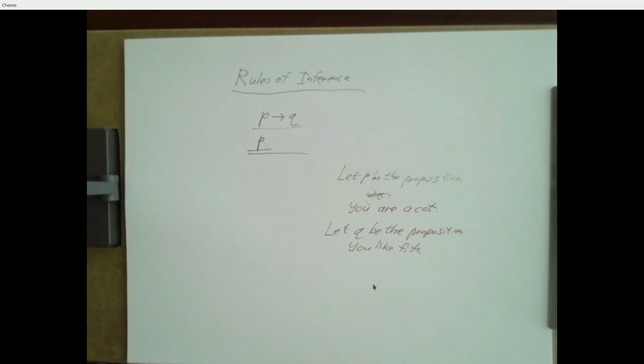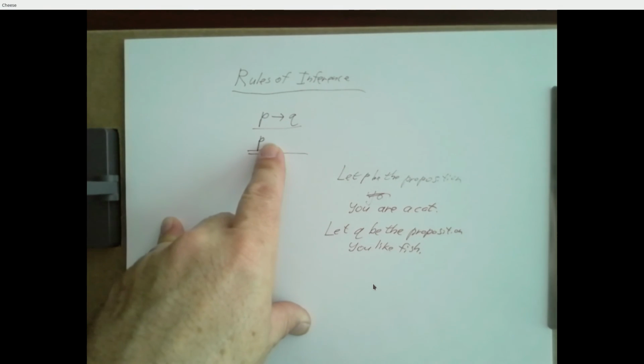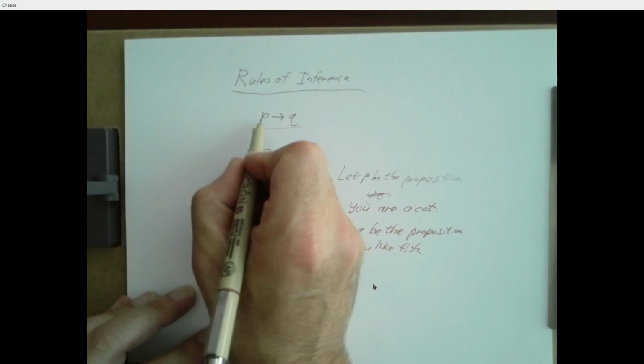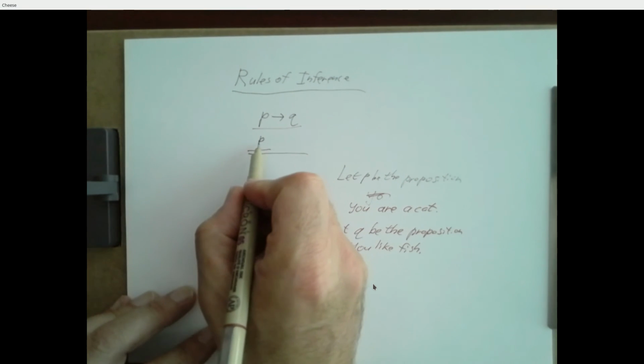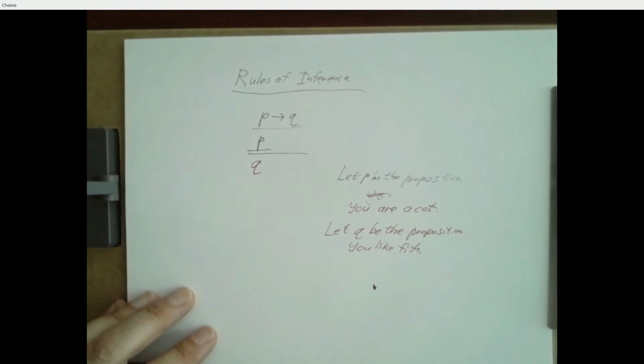So a lot of times there's very little we can say about the truth of these individual statements, these propositions. But here's something we can say absolutely is true. If this proposition is true and this proposition is true, then this proposition is true.